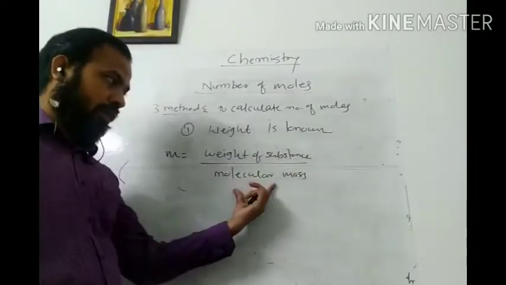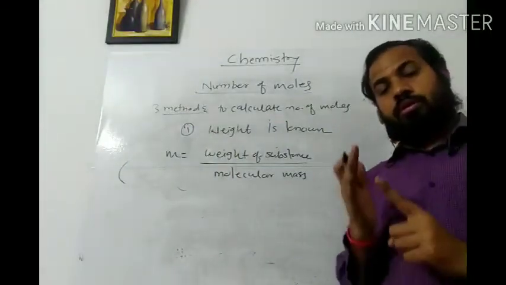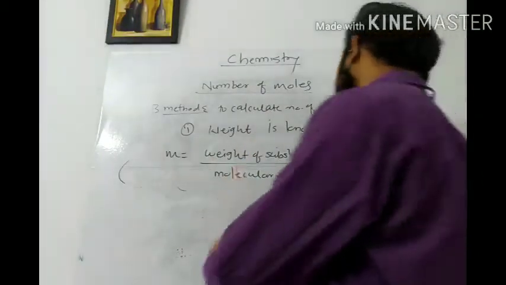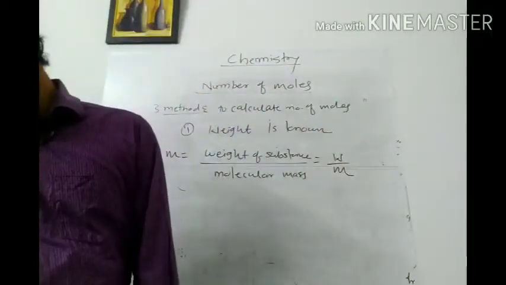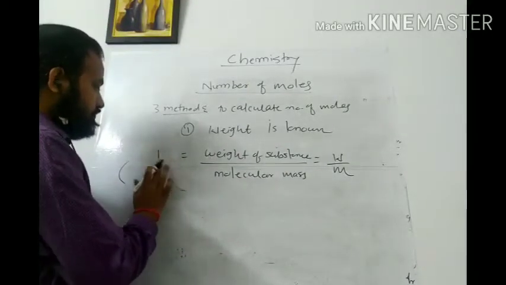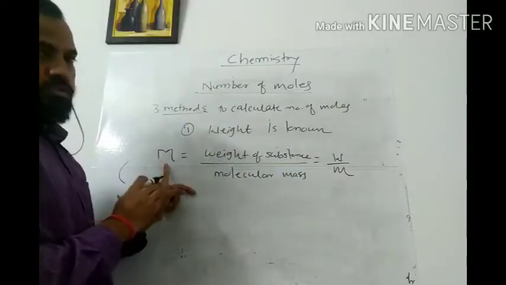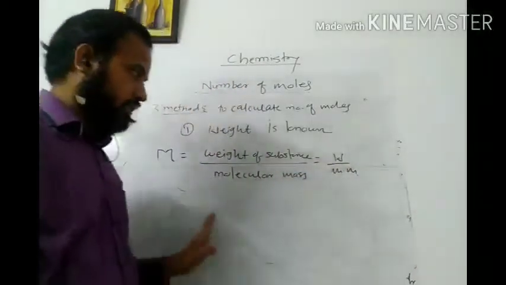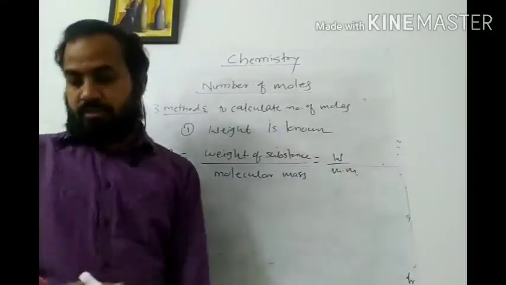Molecular mass is the sum total of the atomic masses of the atoms present in a molecule. Mathematically it can be written as W by M. Here M is the number of moles, and this small m, or I will write it as molecular mass. This is not an official notation, I just write it in short form: weight upon molecular mass.